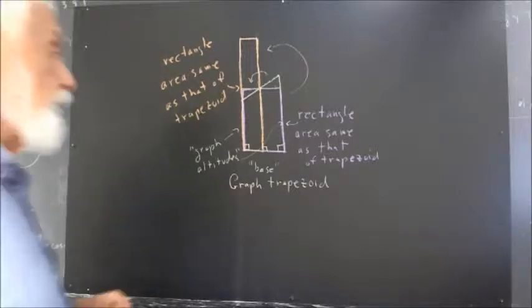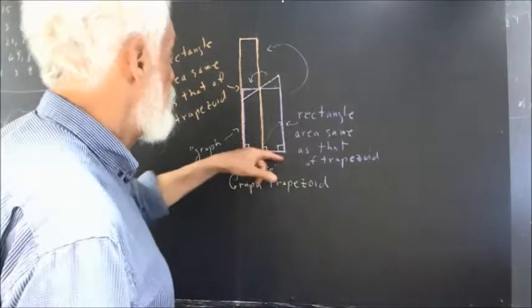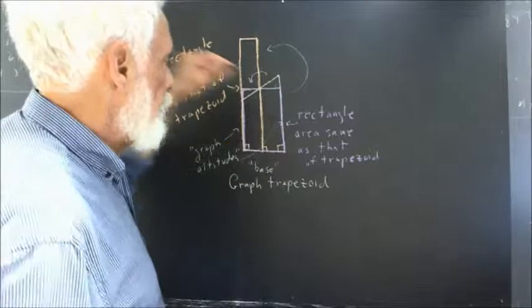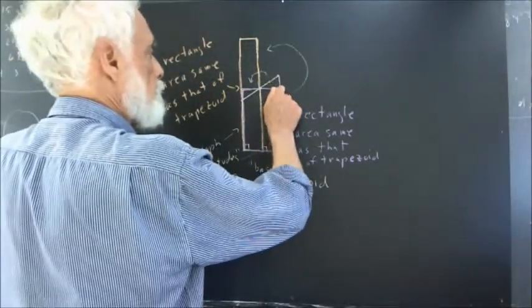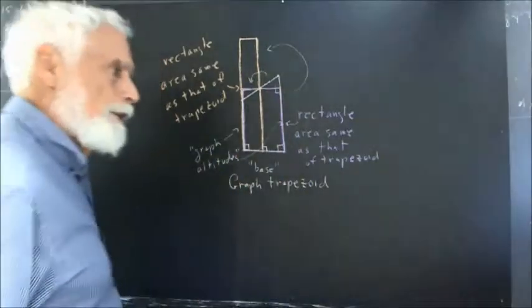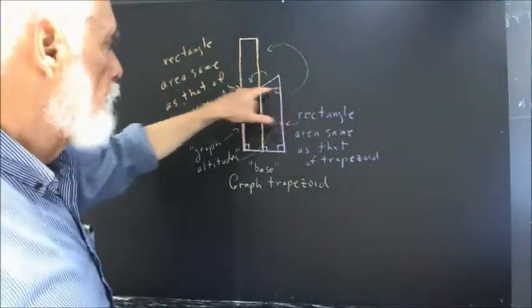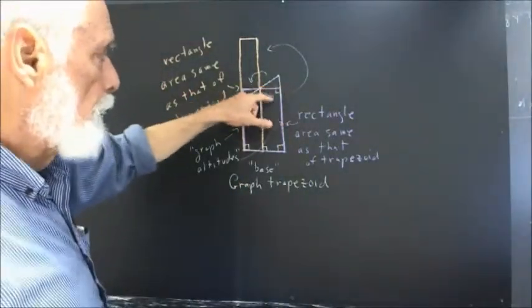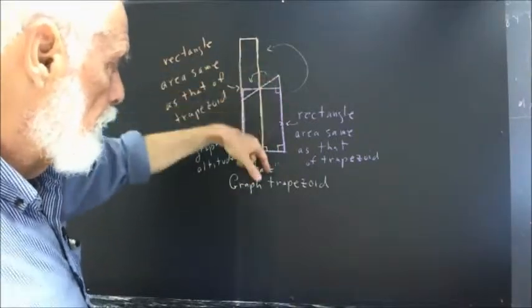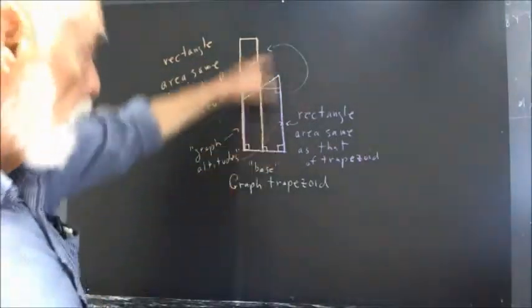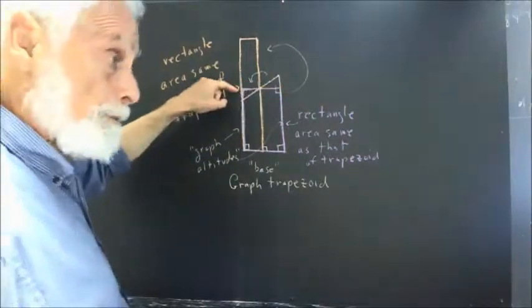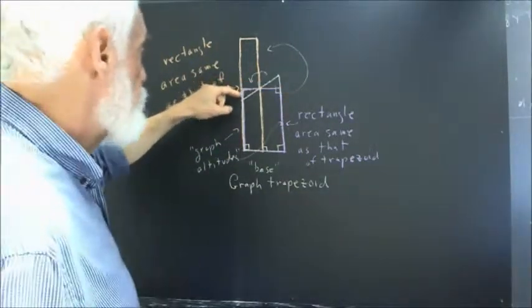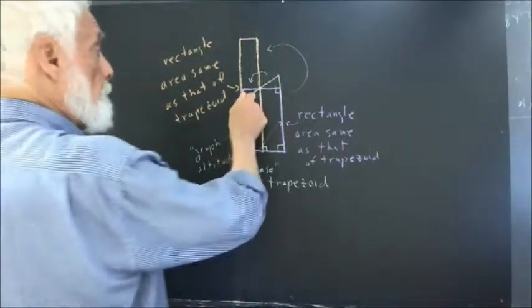Just a quick indication of the geometric argument that proves that this rectangle has the same area as the trapezoid. This line here, I didn't state it, but it's implicit that this cut is made at a right angle to the vertical side, to the graph altitude. If I extend this line over to here, then it makes a right angle here as well.